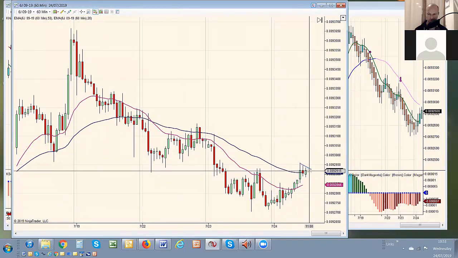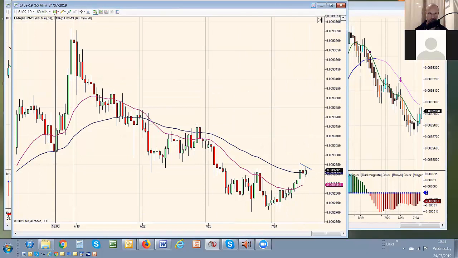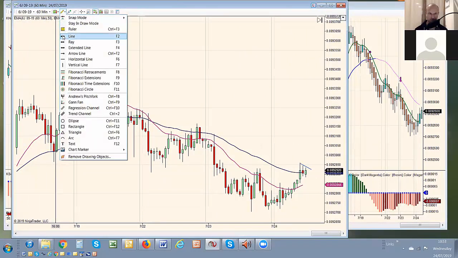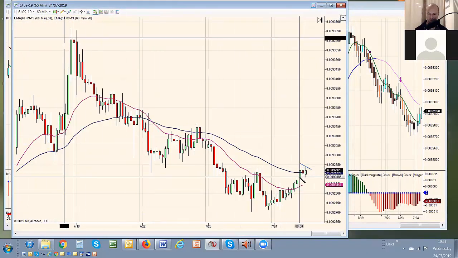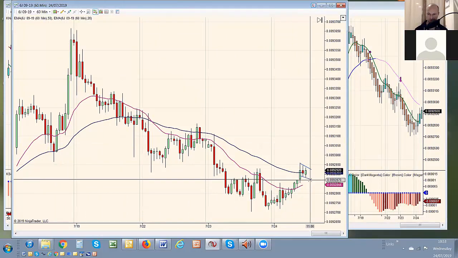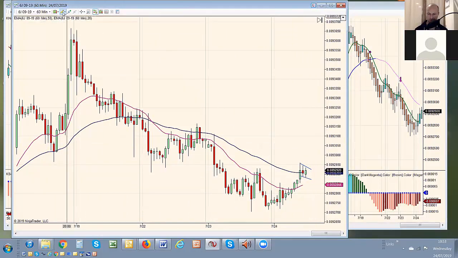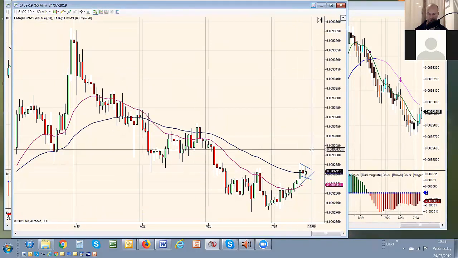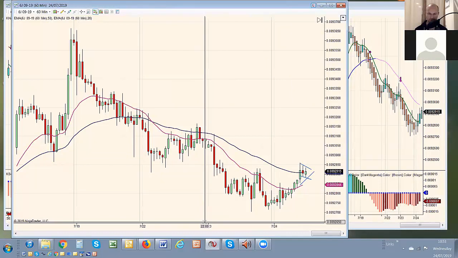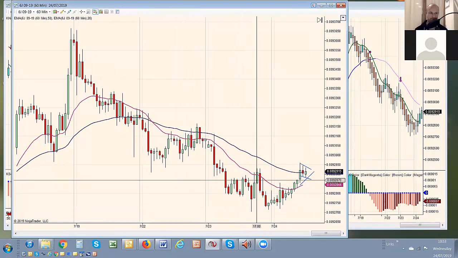Actually, we've got a wedge and a flag in there, and I like this when I see two patterns unfold. So there's a tiny bit of a wedge, and we also got a tiny bit of a flag here. There, let's just draw that in there. So that's nice when we see two patterns, which I can only take from the candlestick charts. But the two together, they act as confirmation for each other, very powerful.